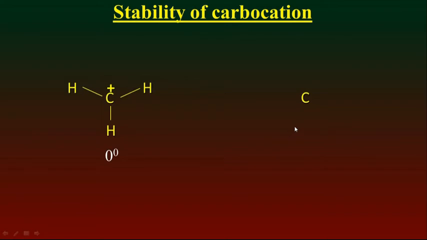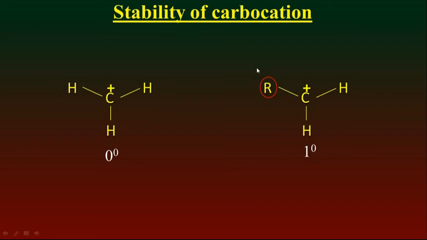In the next one we will see the carbon atom attached with 2 hydrogen atoms, and also an alkyl radical is present here, and in this case it is called 1 degree carbocation.